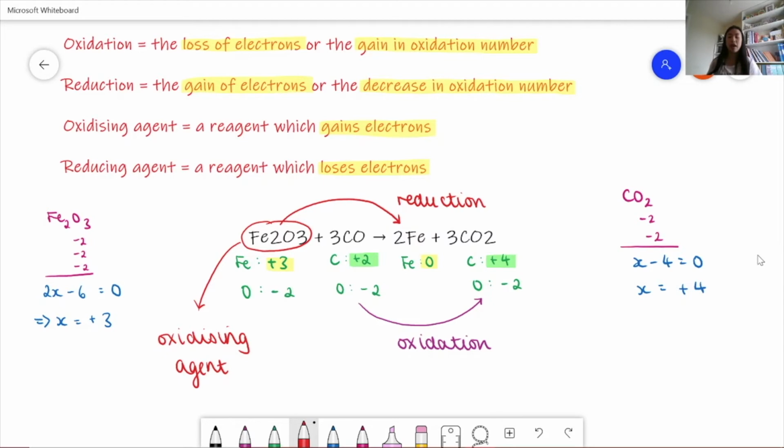And so that's why it's gone through reduction. And then the reducing agent would be this 3CO because it's oxidized itself. So this is the reducing agent. So this has given electrons to the iron oxide and become oxidized.